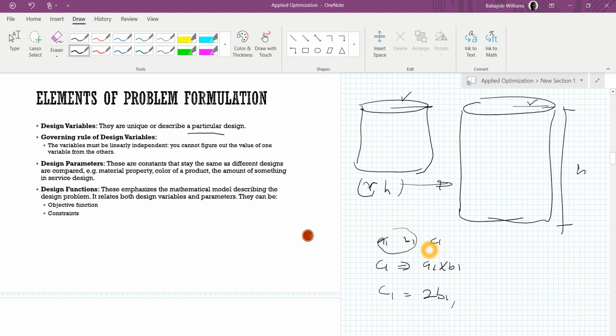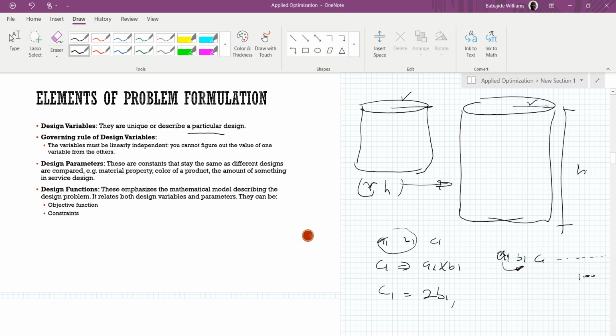This is very important because you could have X1, A1, B1, C1, and so on, to maybe 100 design variables. What you would discover most times is that some of these design variables are not linearly independent of one another.